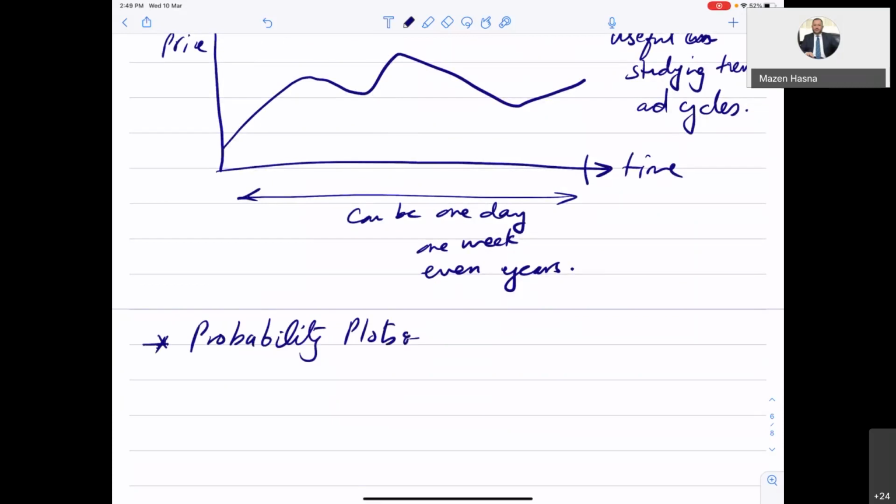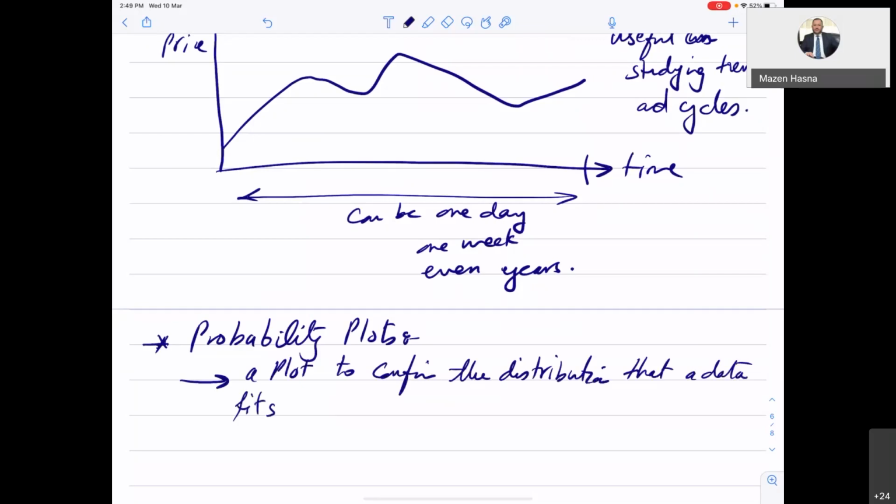Probability plots is just, I need you to have an idea about it, a plot to confirm the distribution that a data fits or not.